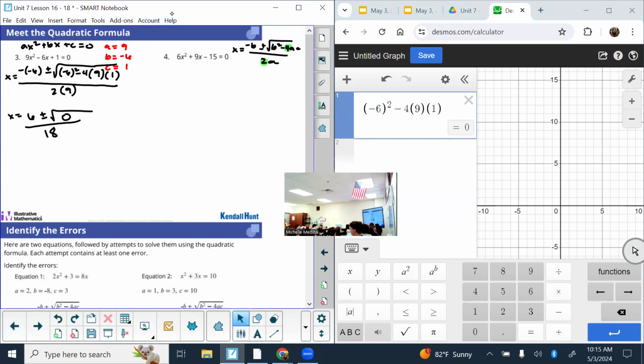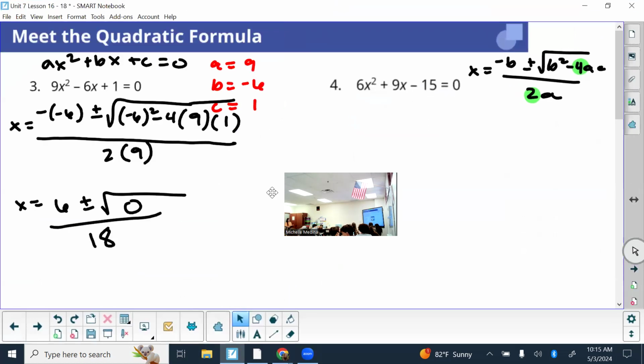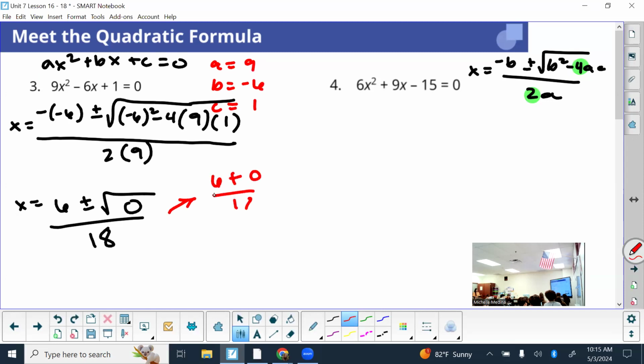And then the 2 times 9 is 18. Any questions up to now? So you could try splitting it into 2 separate problems if you want, but 6 plus 0 is the same as 6 minus 0. In either situation, you get 6 over 18, which simplifies to what?